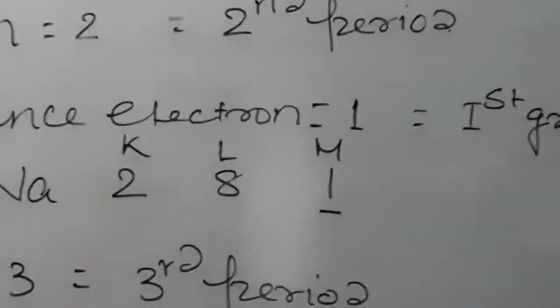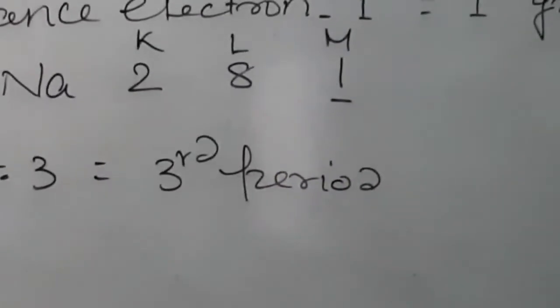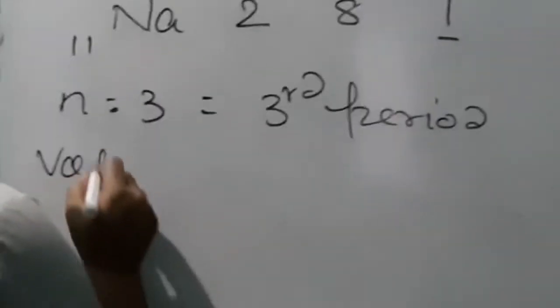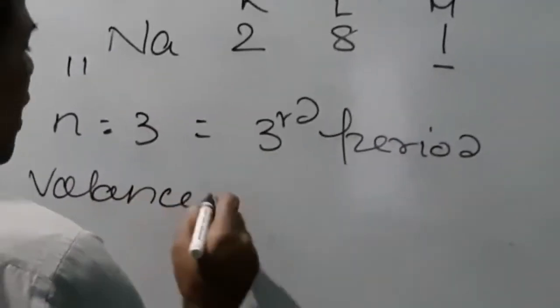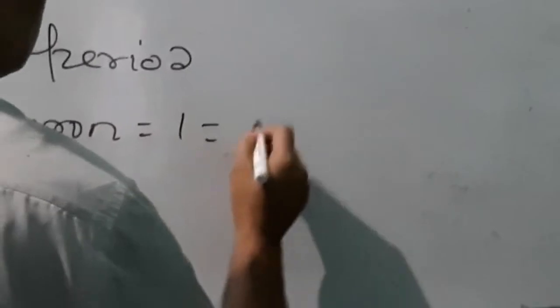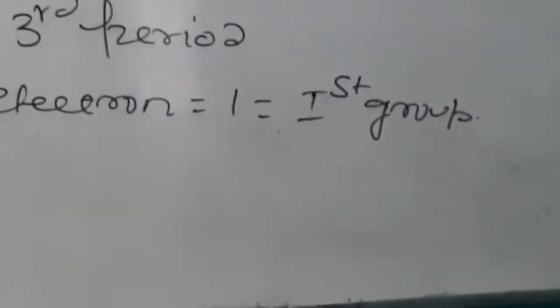Now how many valence electrons are present? 1. Valence electrons determine the group. So sodium also belongs to the first group.